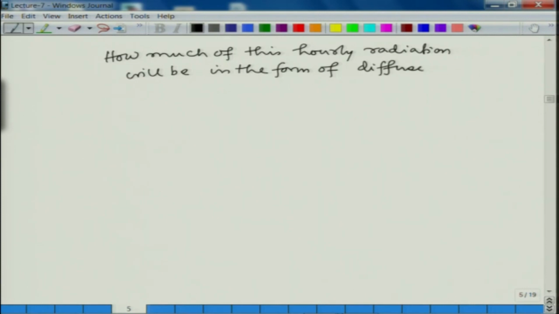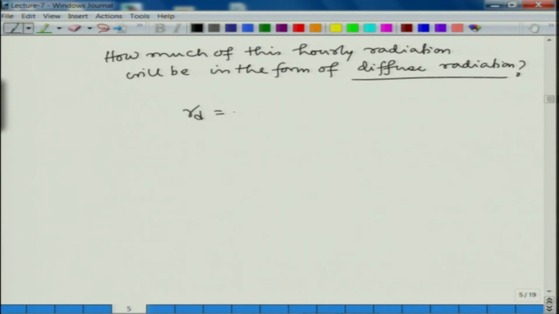That is a legitimate question to ask, and the complementary part will be the direct radiation. So, for this question, again we will use some formulae which we will not be deriving here, but we will use them because that is important.